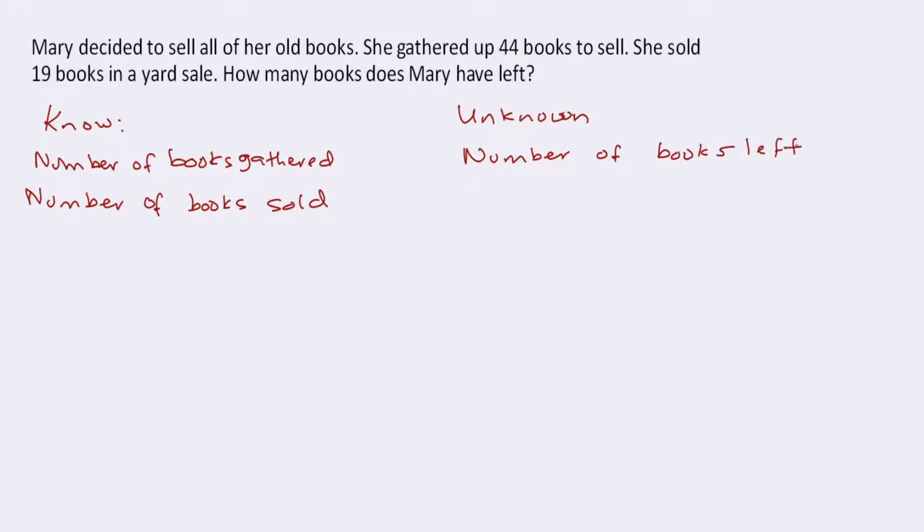Now we want to identify a keyword that leads us to a subtraction. It says, how many books does she have left? Left, or leftover. She started off with 44 books and sold 19 books, so we want to find out how many books she has left over.